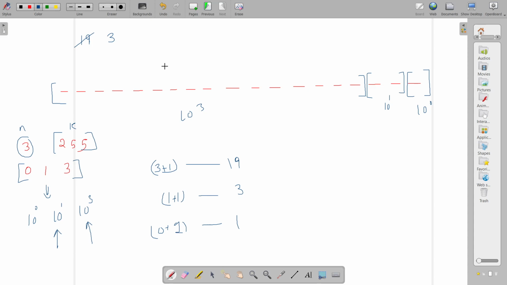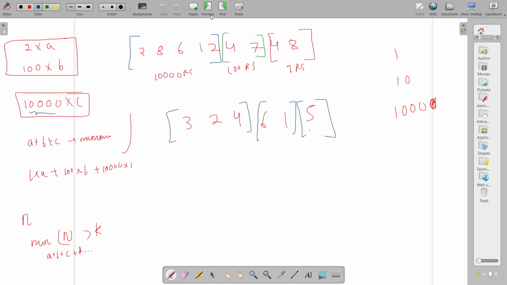Now we want the minimum number, and we also want the total number of nodes we require to be more than 255. So I'll go segment by segment. I'll go to the first segment of 10 to the power 0. Why am I going to this segment? Because it has the least value. Suppose I give this segment 8 digits, basically if I am trying to construct my number, like in this example.